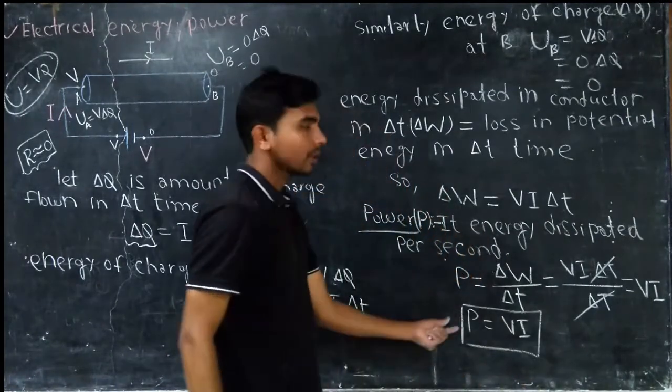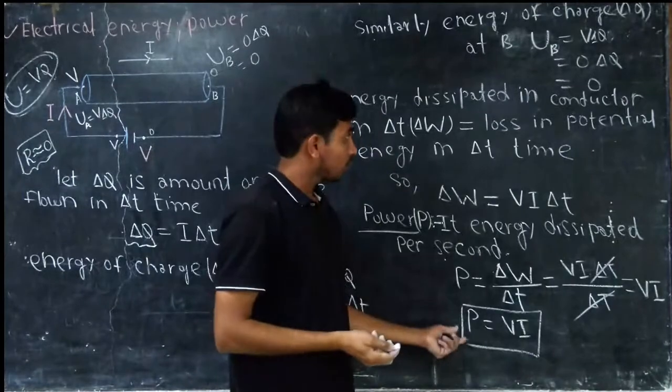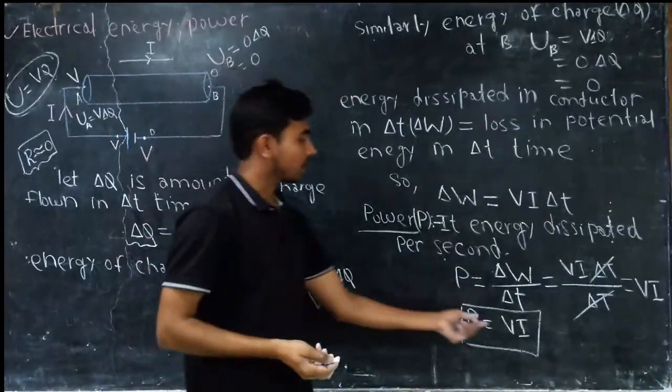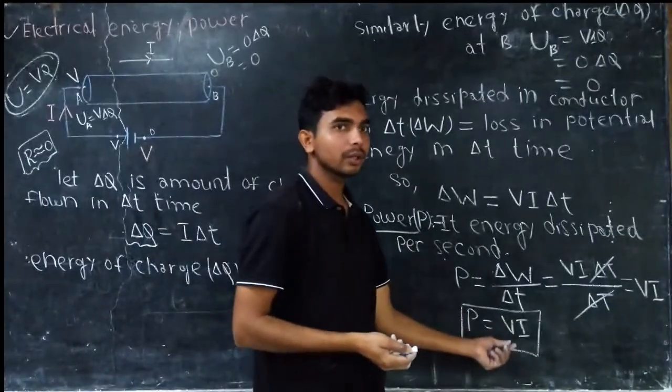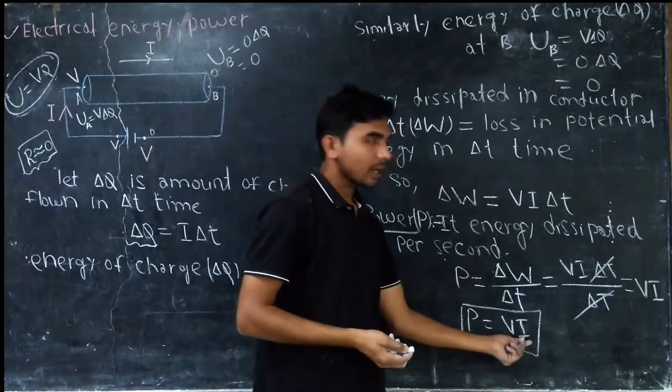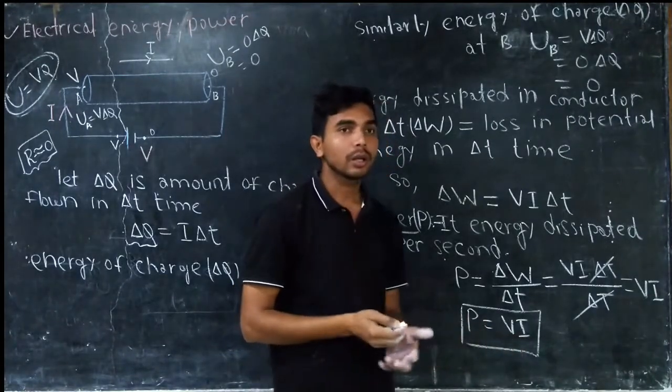So this is the power consumed by the resistor. If voltage and current are known to you, you are able to calculate power.